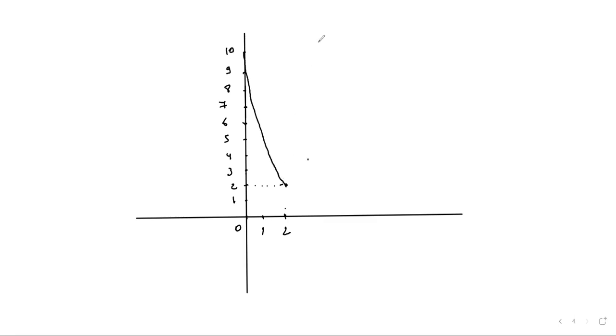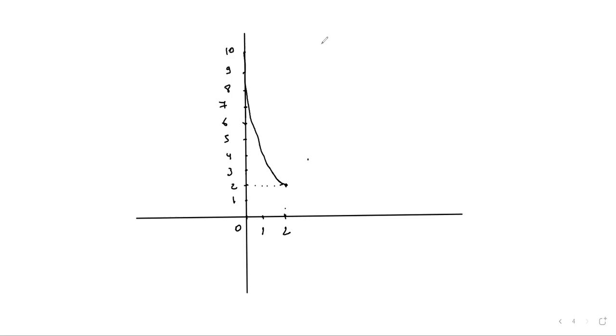This is so bad. Let me draw again. Well, normally when you have a good grid, you will have a better graph than mine. So this is the graph of f.